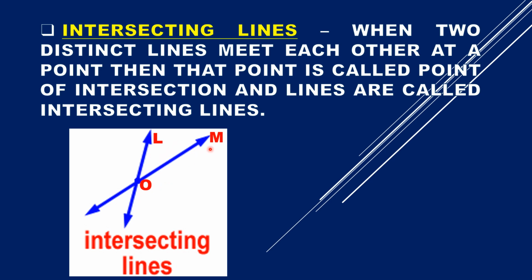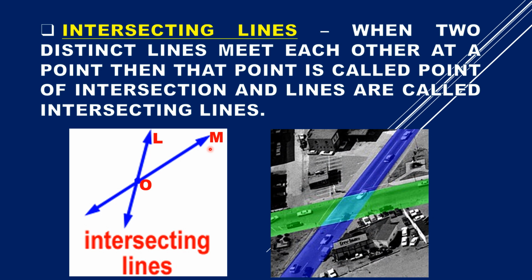In day-to-day life, an example of intersecting lines is a crossing road. You can see this blue road and green road. Both the roads here are crossing each other at this point. You are seeing? So this point is called the point of intersection, and these roads here are an example of intersecting lines.